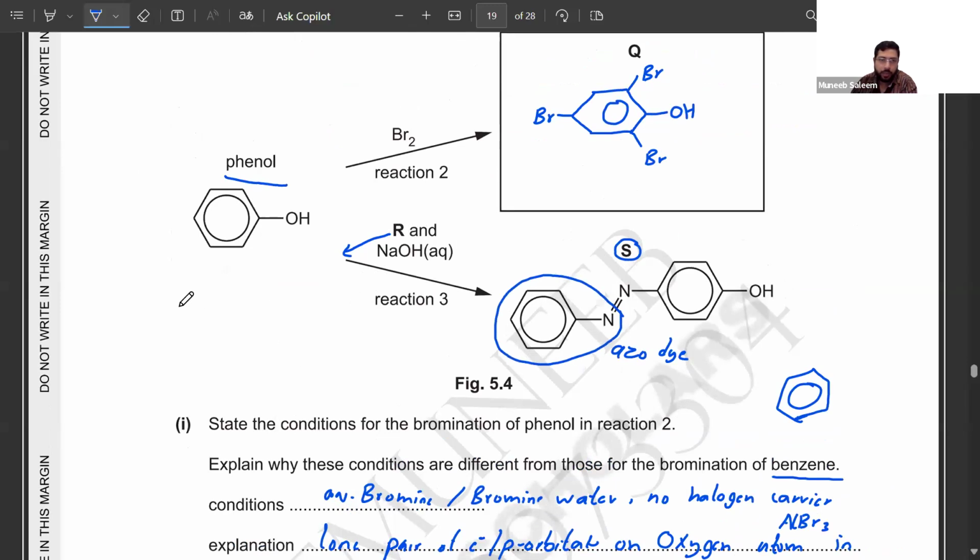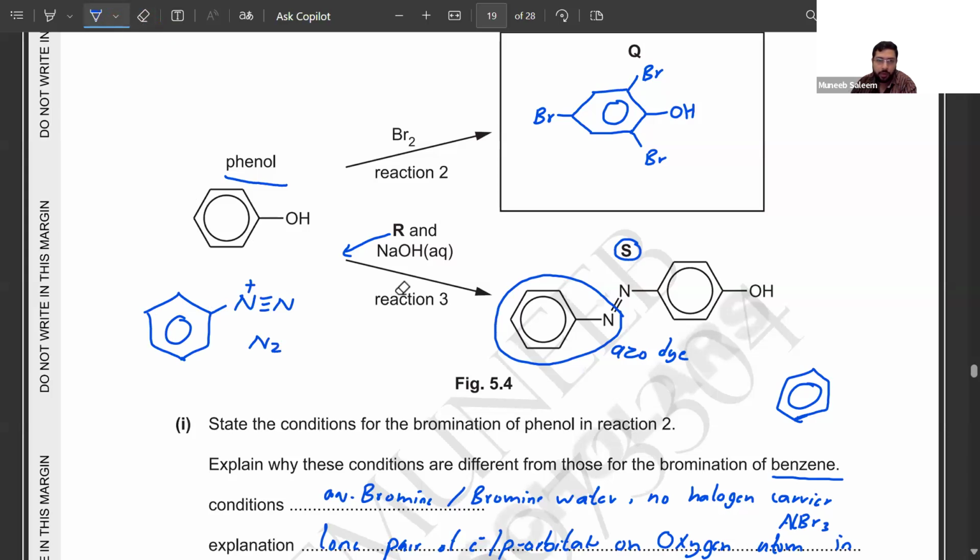The structure of that should have only one benzene ring, and then it must have nitrogen triple bonded to nitrogen. You can write a structure like this, or you can also write it like this, having a positive charge. So this is the R compound here.